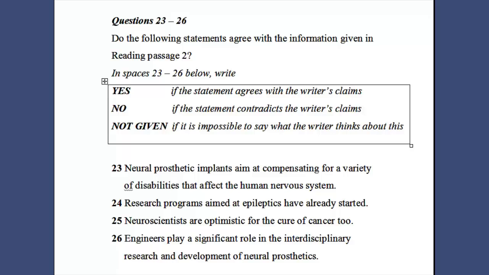So, as a matter of fact, that cannot be paraphrased easily, so it is going to be the same in the text. The same goes with the word neuroscientists in question 25. And remember that the answers, all of them, yes, no, not given, will be used at least once. So, if you complete the task and you haven't used one of them at all, well, something went wrong.